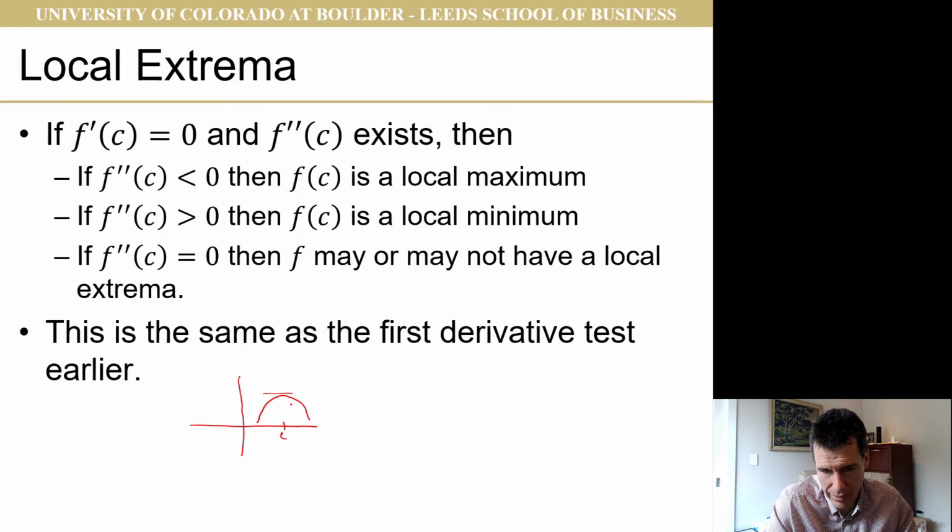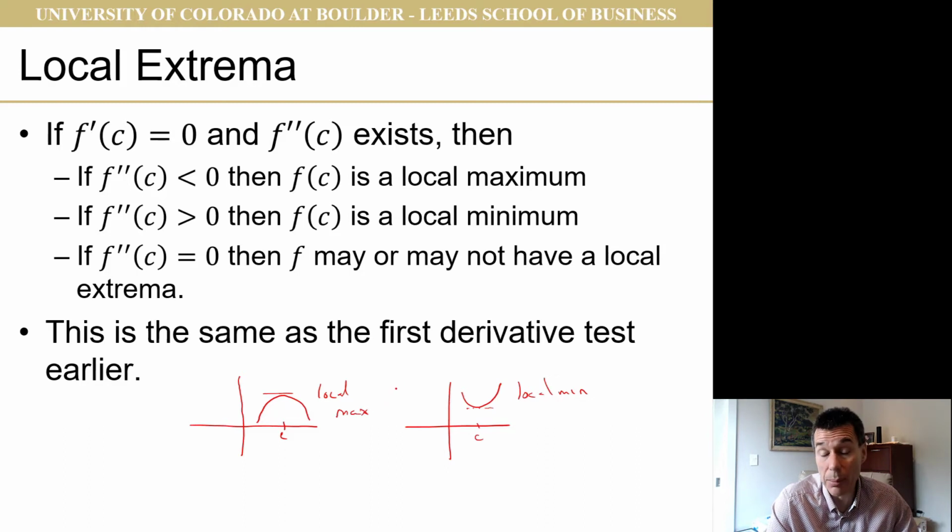Concave down looks like this, must be a local max. So here's c, here's our function, f prime of c equals 0, so the function is horizontal. F double prime of c is bigger than 0, it's concave up. This must be a local min, and this must be a local max.